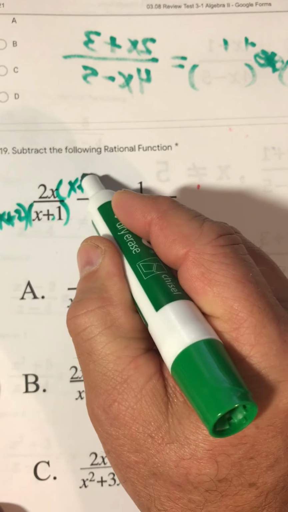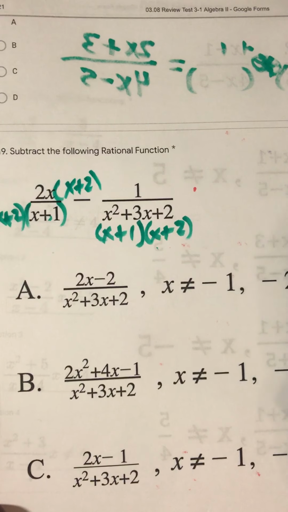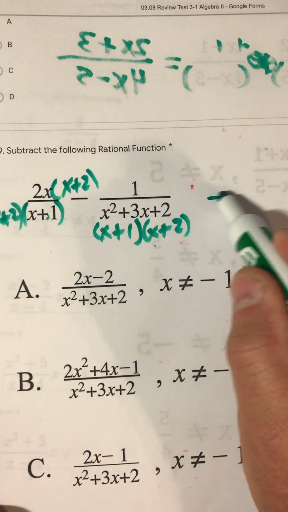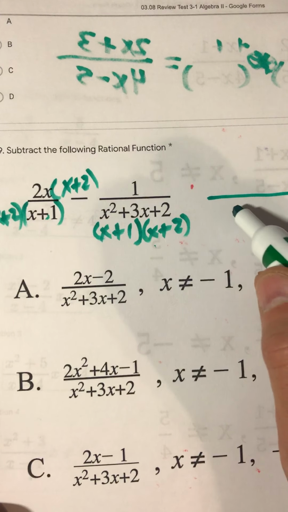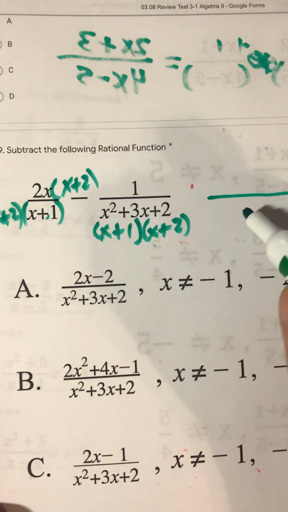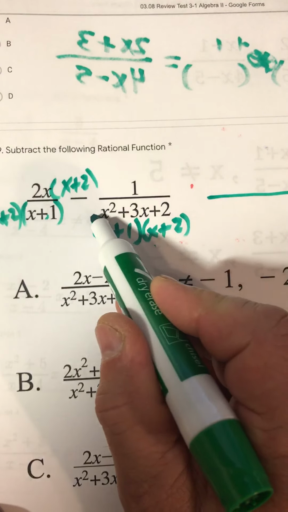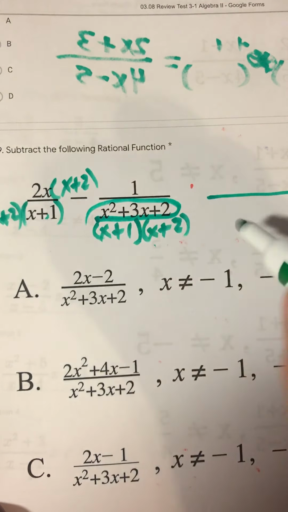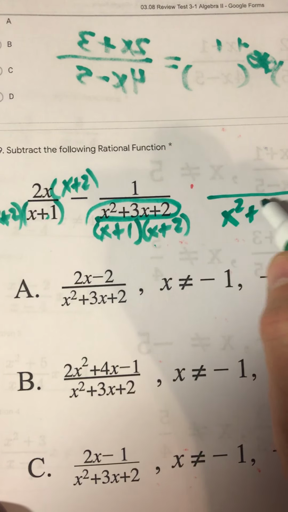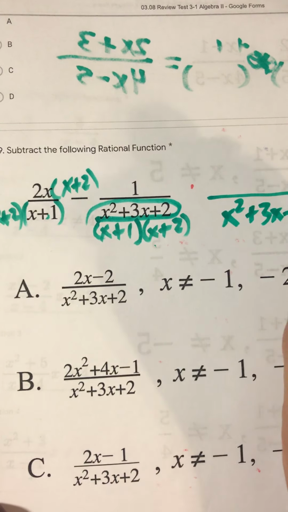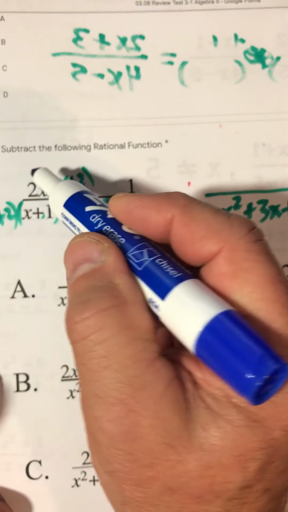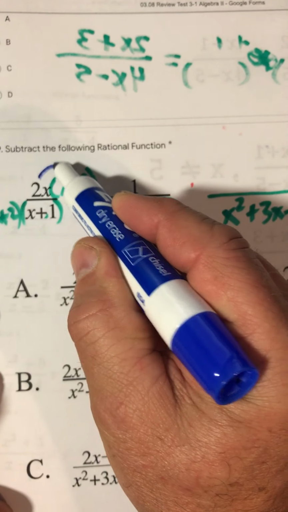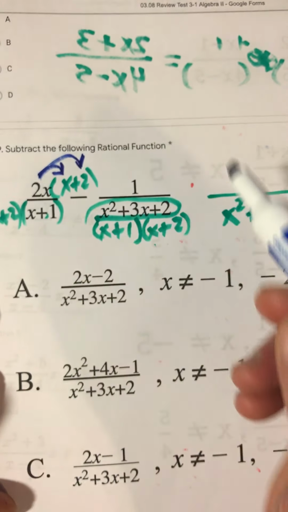All right. Now, I'm going to go ahead and write one large fraction. Notice your answer choices went right back to this one. So I'm going to go ahead and write down x squared plus 3x plus 2. And I'm going to go ahead and distribute the 2x here to both terms as I go.